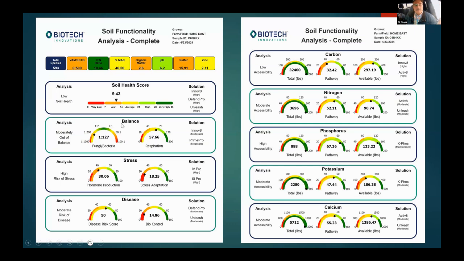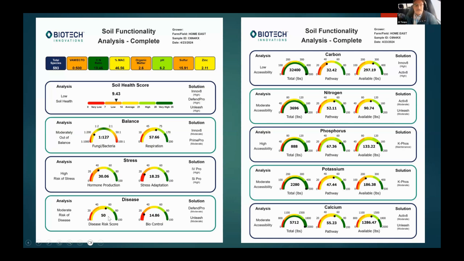If you did a sample, put a program in place, and took another sample the following year, we'd like to see improvements. So I like to follow these and put them side by side over time, then monitor that and see if we're improving. What is my balance? What's my respiration? What's the hormone production, stress adaptation?